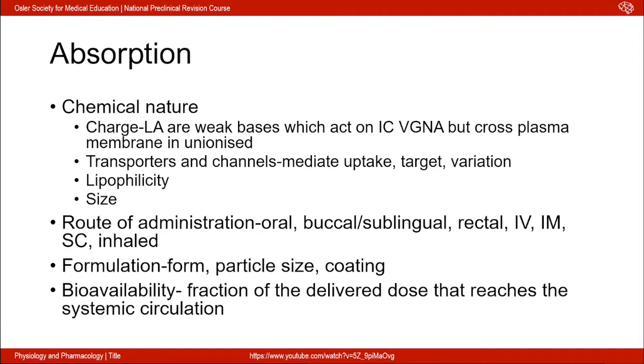I've looked into the charge a little bit more just because this comes up on MCQs, which is basically in the context of local anesthetics, which are weak bases which then act on intracellular channels, but they cross the plasma membrane in their unionized form.